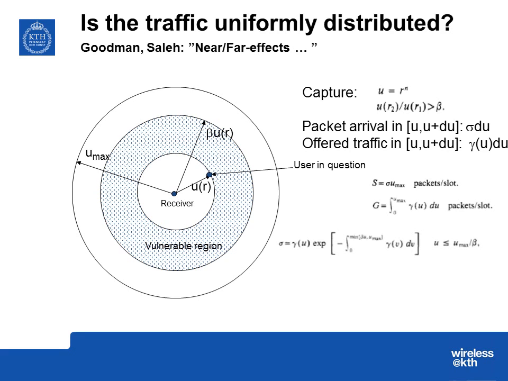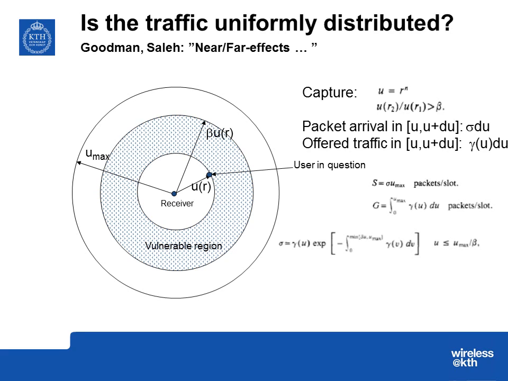We can use our balance equation we used before. The input traffic has to be equal to the offered traffic times the probability of success, and we will have success if there is no other transmission in the vulnerable region.